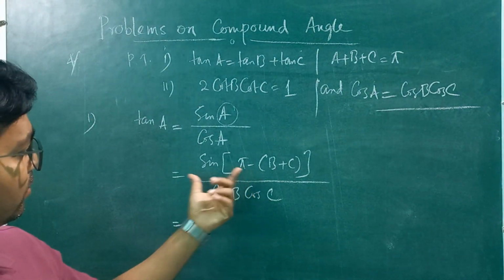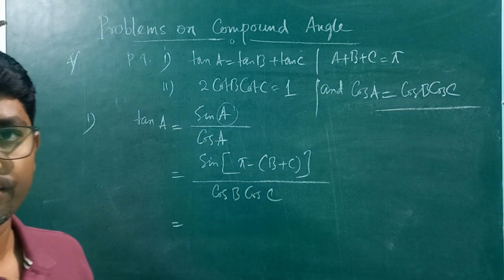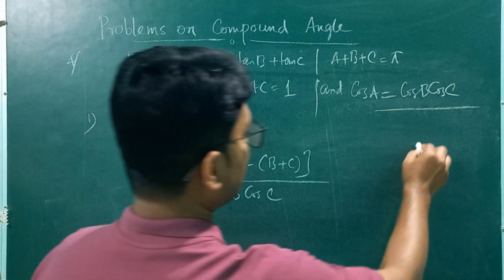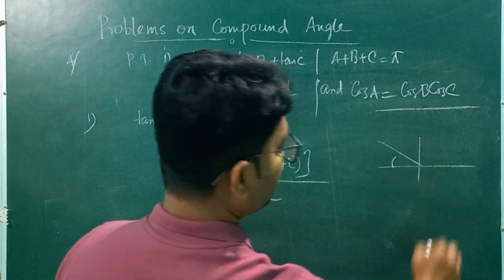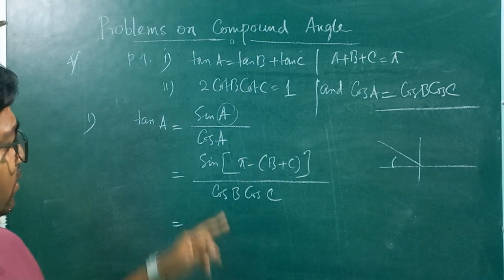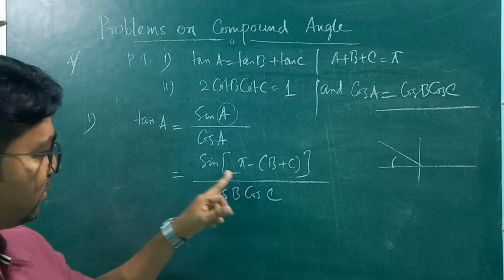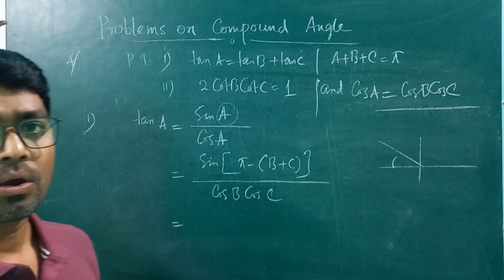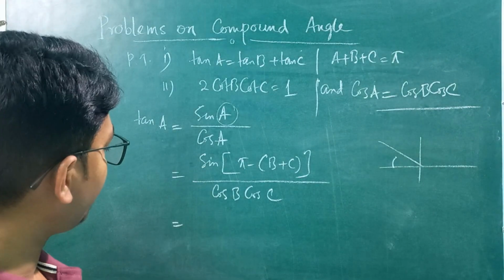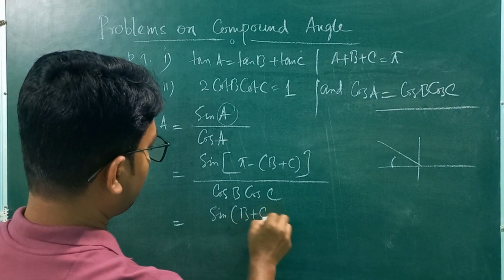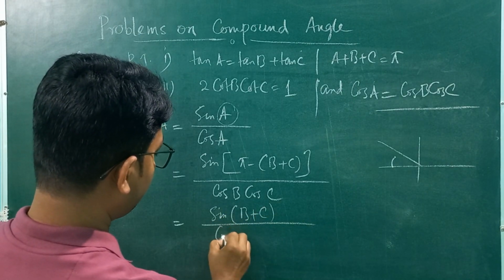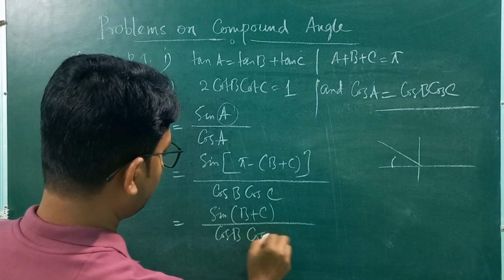Now pi minus theta means in which quadrant? Pi means 180, so it is in the second quadrant, and in the second quadrant sin is positive, and as pi is an even multiple of 90, sin will remain sin. So this will be sin (B plus C) by cos B cos C.